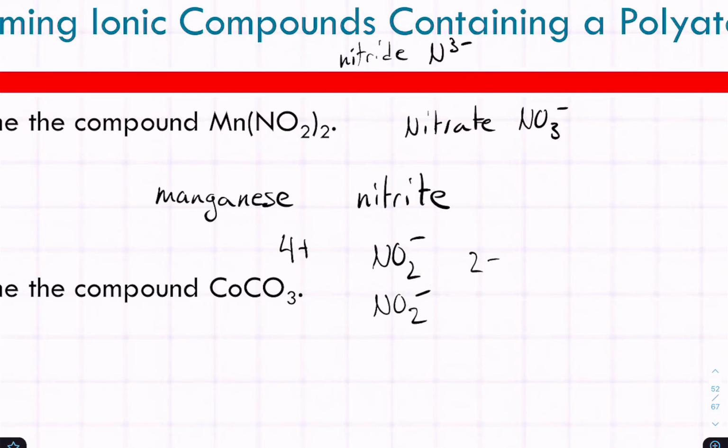This 2 is just telling us how many oxygens there are. This whole NO2 has a 1 minus charge. So the manganese is 2 plus.